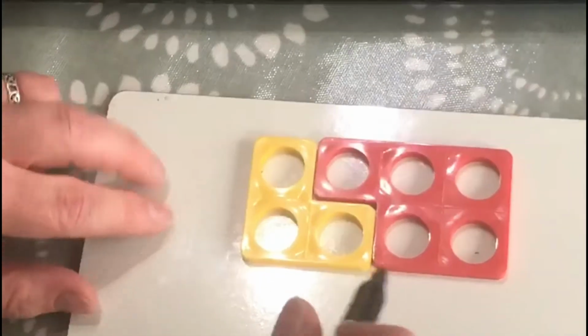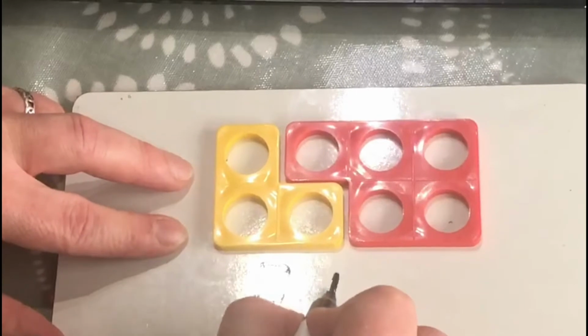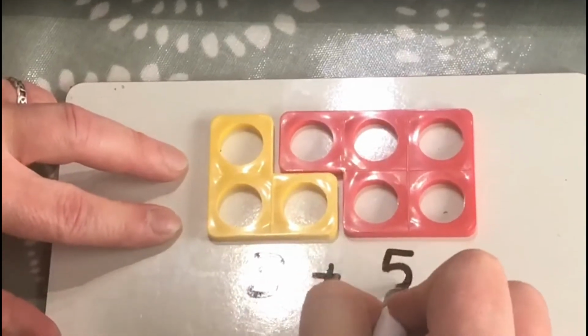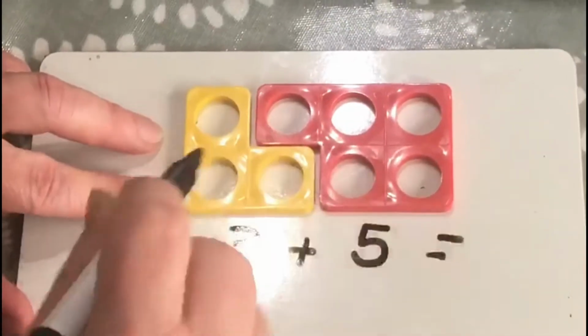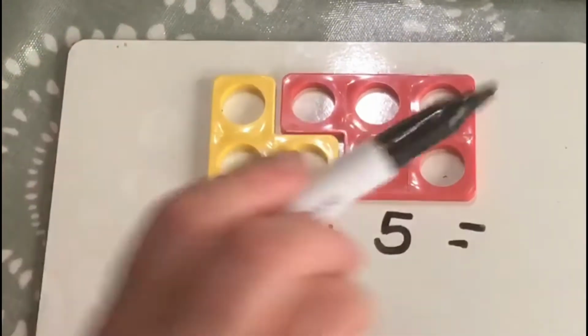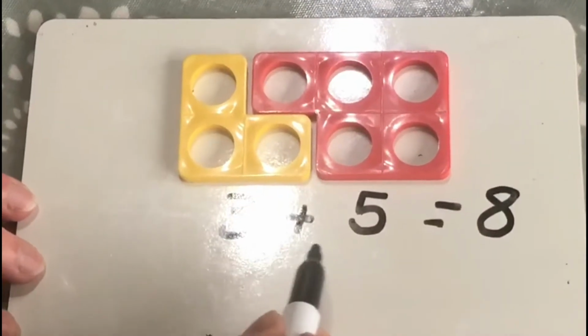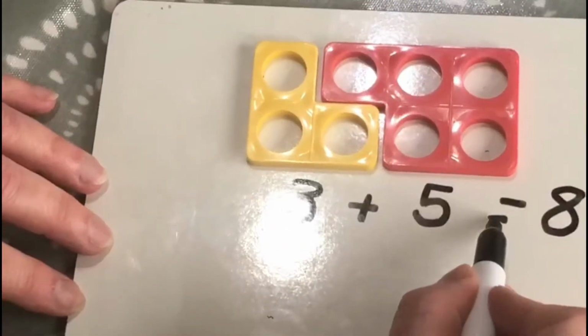So in this example, my number bond is 3 add 5, which makes 3, 4, 5, 6, 7, 8 all together. So my number bond is 3 add 5 makes 8.